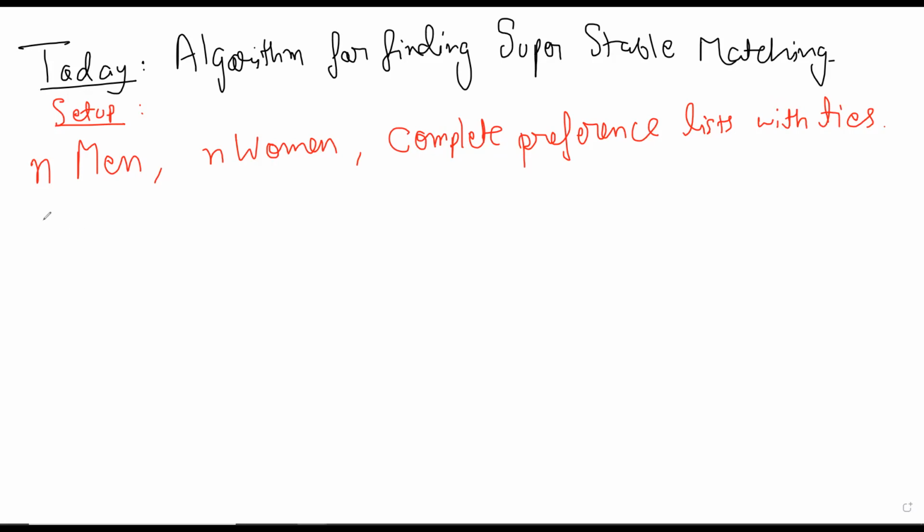First of all, we want to define a notion of stability. I mean, it's already defined, I'm just going to say the definition.